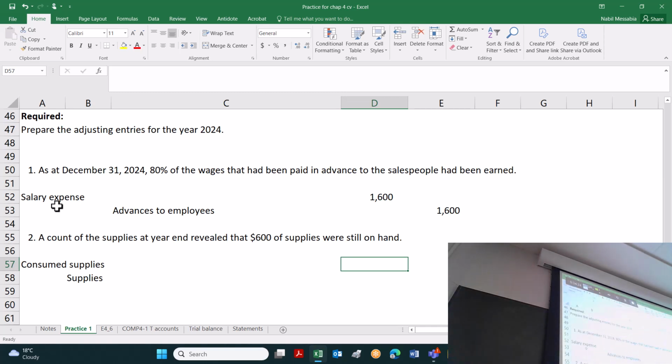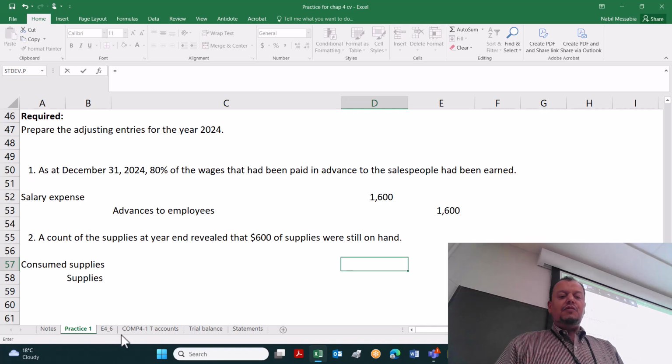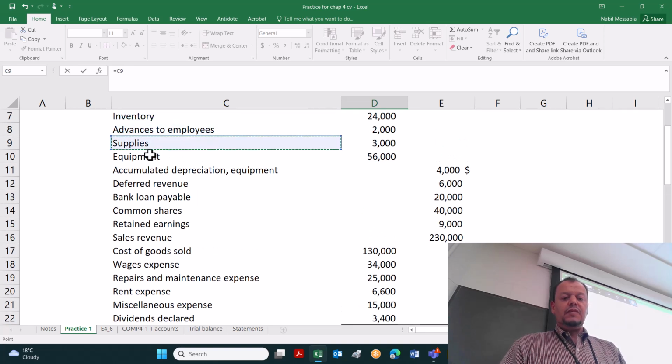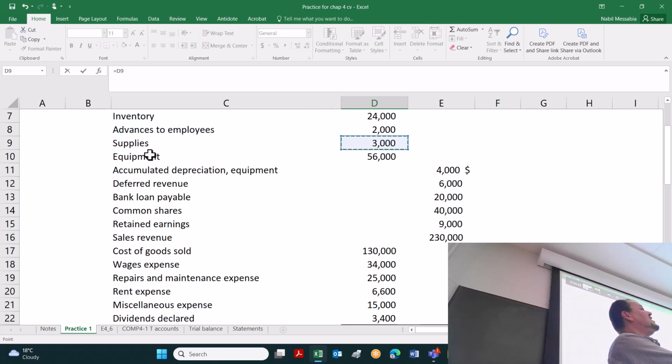But we need to account for the supplies that were consumed, not the remaining. So the consumption is 3,000 minus 600. From the original $3,000 we have accumulated in supplies, we only have 600 remaining, so we consumed the difference.